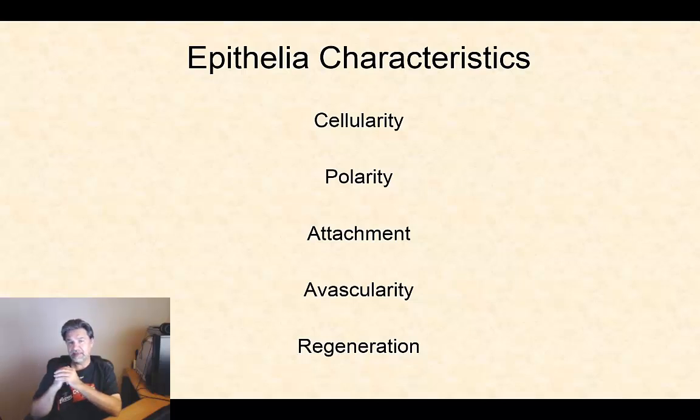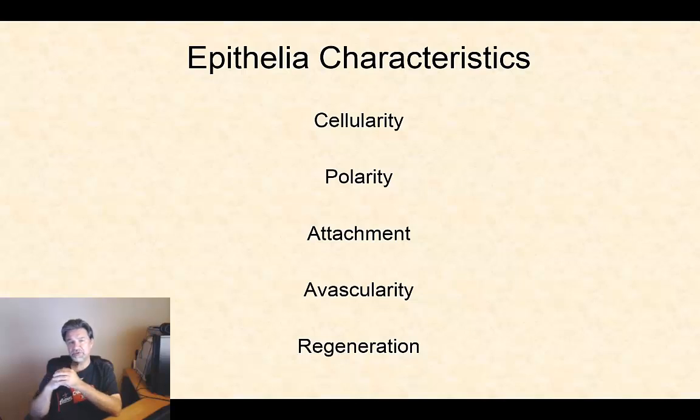Now, the basal surface attaches to the rest of the body via what is called a basement membrane. This basement membrane is kind of half epithelial tissue product and half connective tissue product. It really has no exceptional function associated with it, except for providing a way for epithelial cells to anchor to the body. So all epithelial tissue interfaces with the basement membrane.